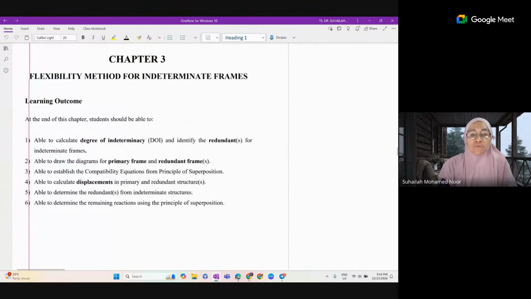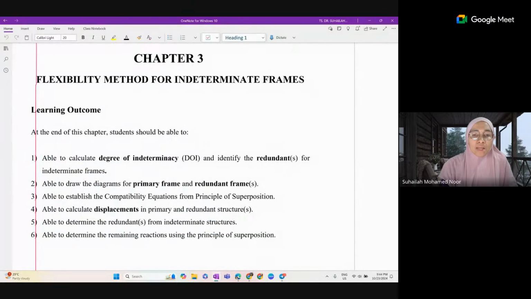If we look at the learning outcome, of course, I believe everyone understands the degree of indeterminacy and also redundant. We determine the redundant from the degree of indeterminacy. The redundant has to be removed from the system. We need to determine the redundant first, then only can we determine the remaining reactions.